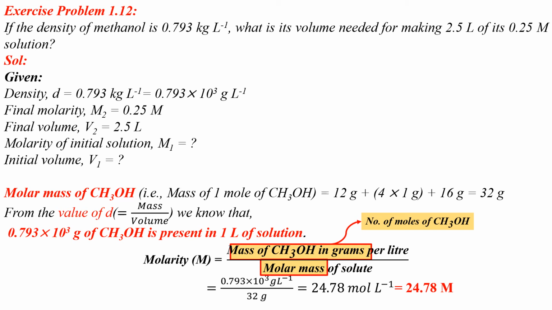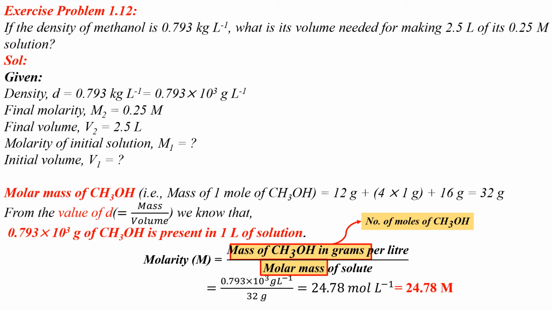Now, look at the problem. Okay, you have density equal to 0.793 into 10 power 3 kilogram per liter. You can write it as 0.793 into 10 power 3 grams per liter. Okay. Now from the value of density given, we can understand that 0.793 into 10 power 3 grams of methanol is present in 1 liter of solution.